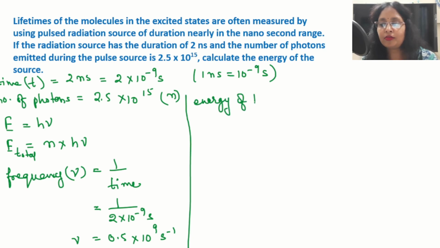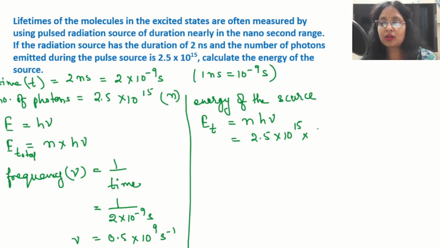Now we'll substitute the values in the formula, that is energy of the source. Energy of the source, which is denoted by ET, is equal to N, H and mu. Now N is 2.5 into 10 to the power 15.